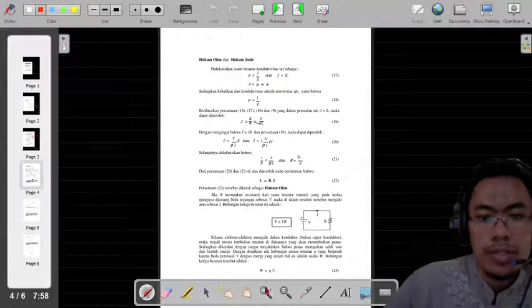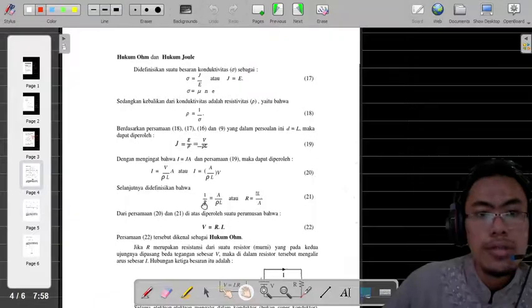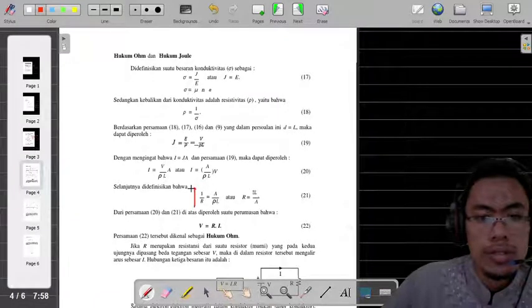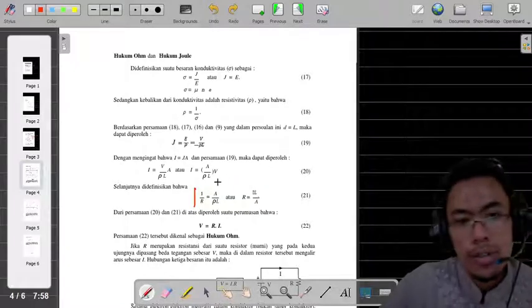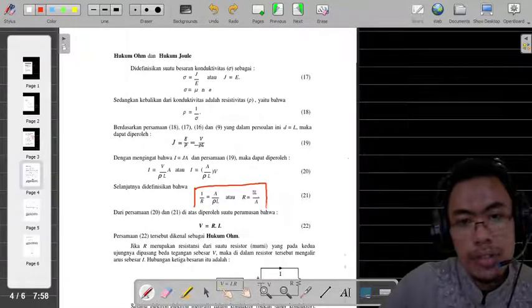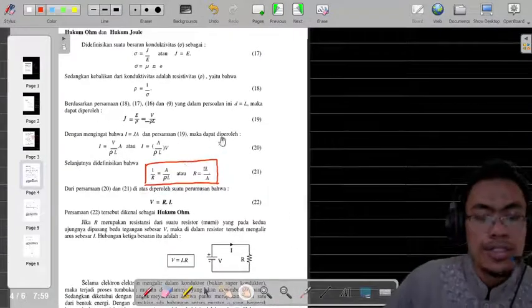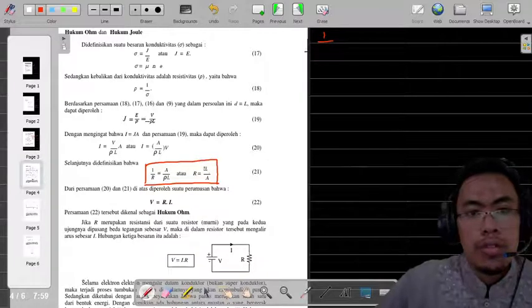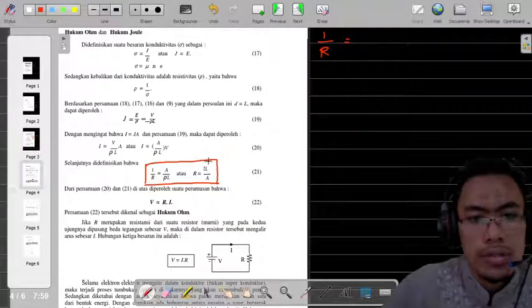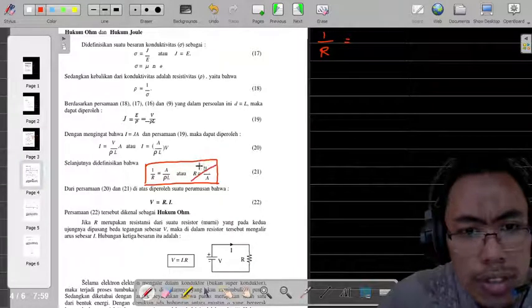Now next, the other important formula is this one. So what is this formula? I will rewrite. Okay, so I think this one is not clear enough, so I will change.